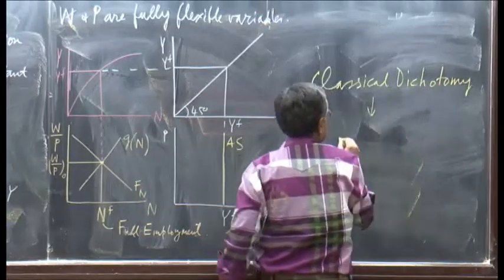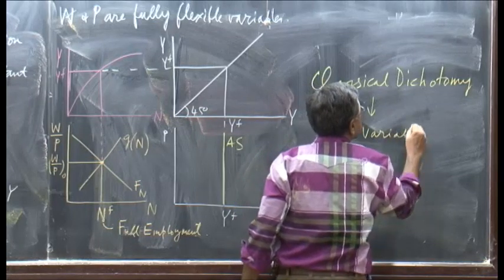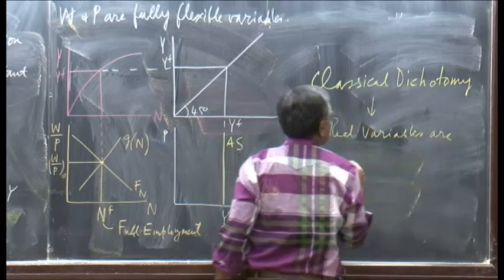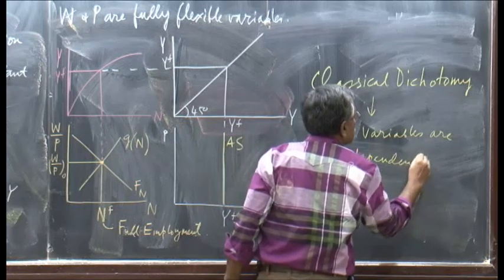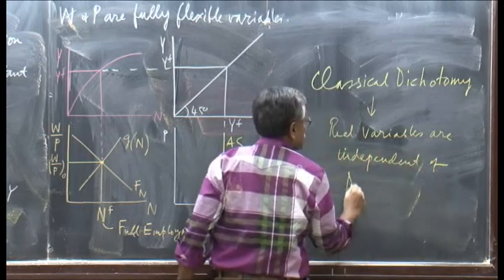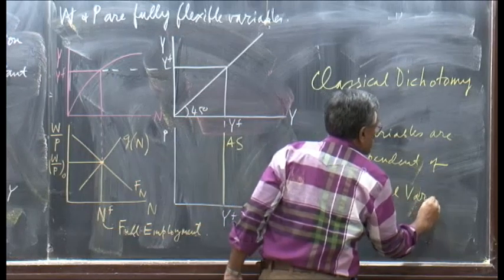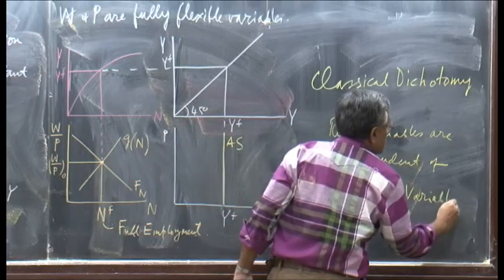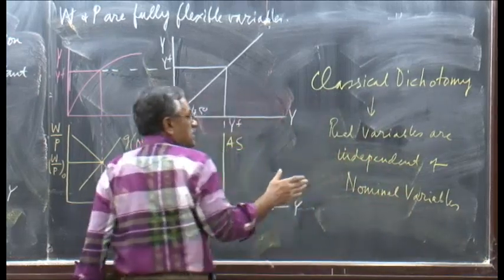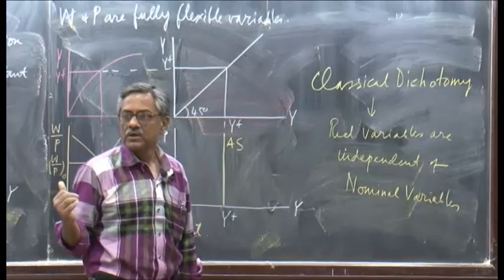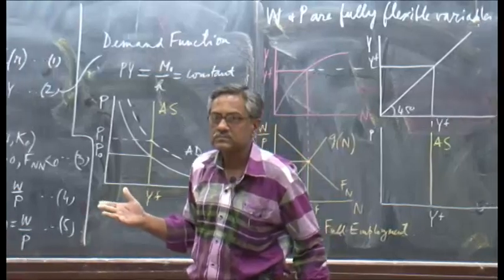Classical dichotomy essentially says that the real variables are independent of nominal variables. This is very important. We just saw that. If nominal variables like money supply change, it doesn't affect real variables.